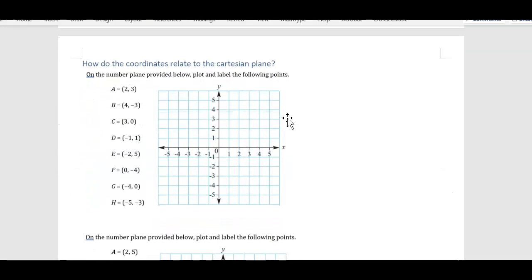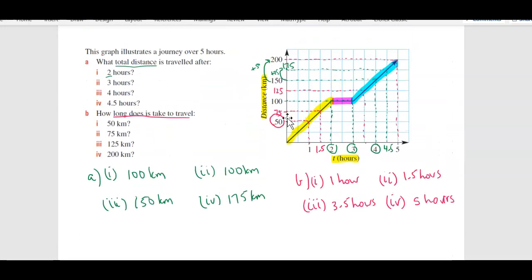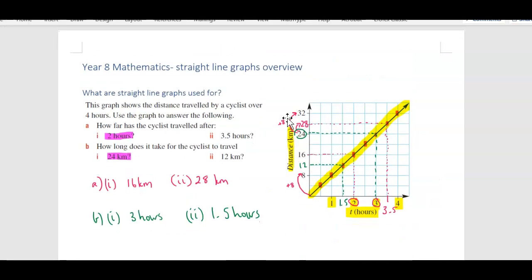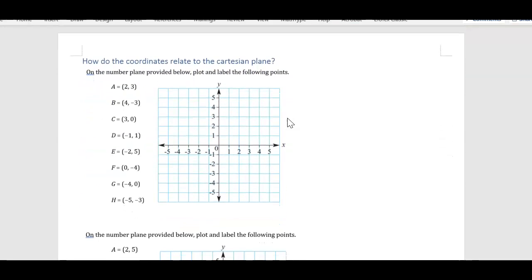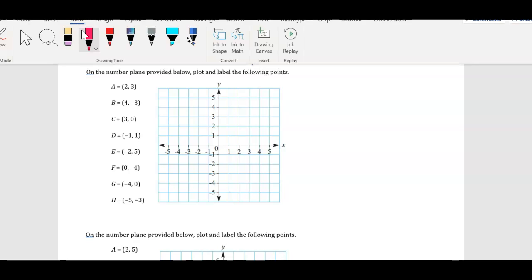So how do the coordinates relate to the Cartesian plane? Before I move on, remember what I said here. All these little dots are points on the line, so we call them coordinates. Let me just write that down.